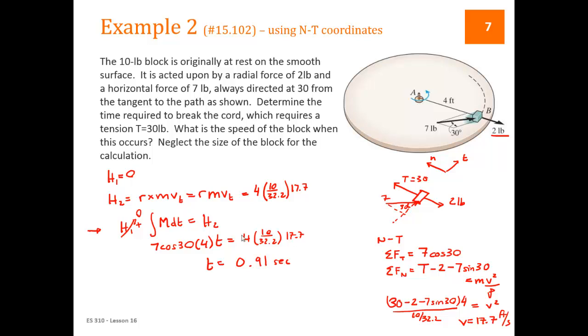Knowing the speed, we can find that momentum, and then our total moments. The only force that causes a moment is the tangential component, which is perpendicular to the 4 feet. So the radius times the force times the time due to the integral is going to equal our final momentum, and we get our time.